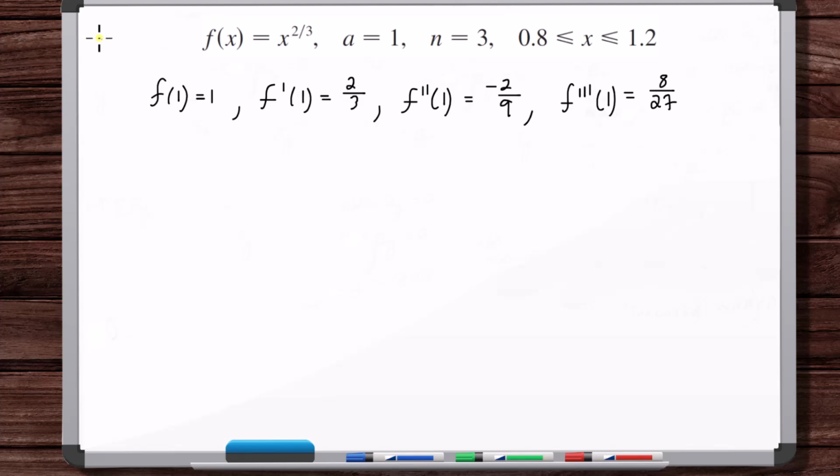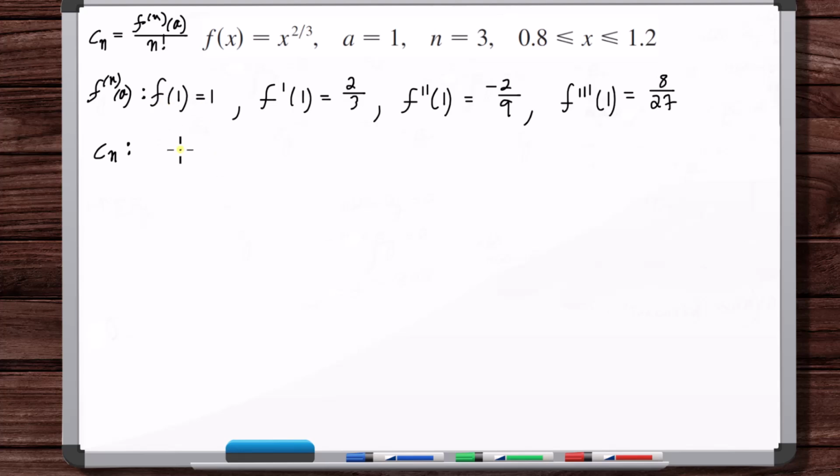Now the C sub n, we know for the Taylor series, is the nth derivative evaluated at the center point over n factorial, where a is 1. So let's write out the C sub n for each of these. Here we divide by 0 factorial.